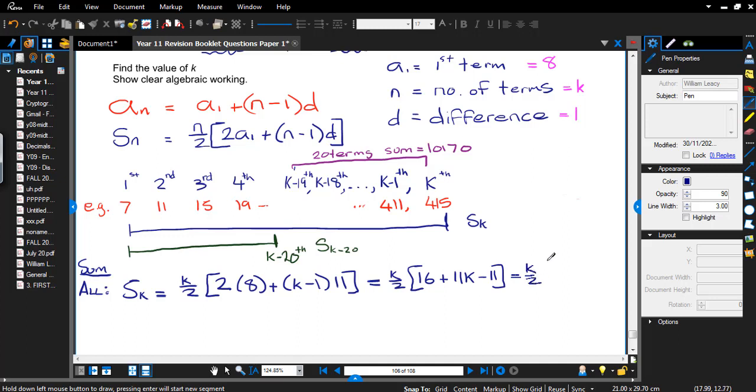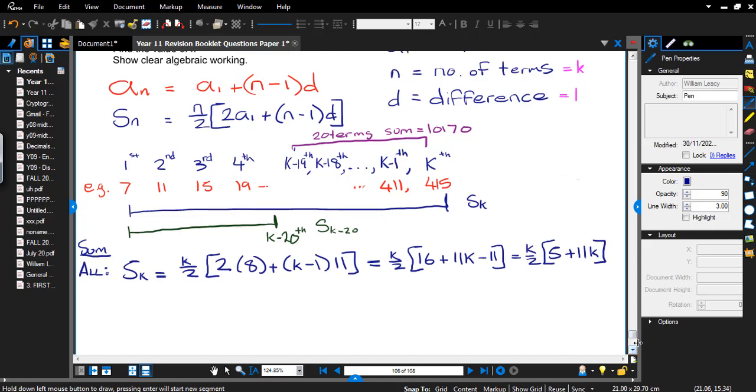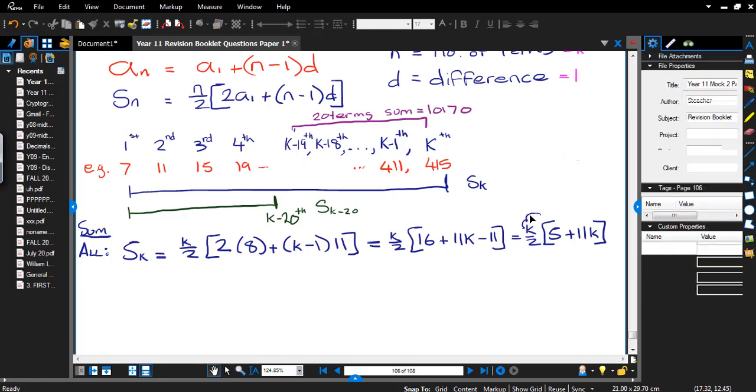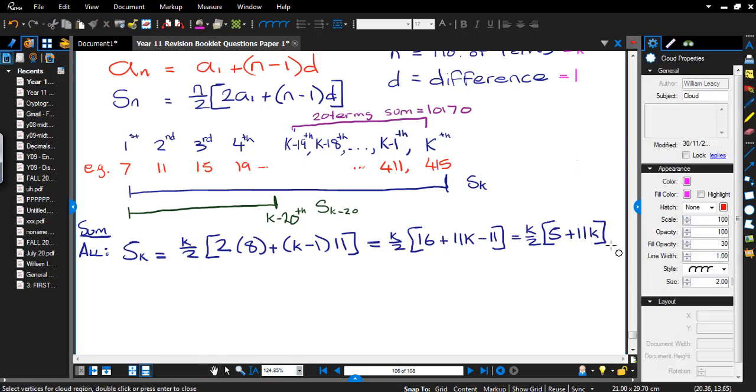So it's k over 2 times 16 minus 11 is 5 plus 11k. Alright, cool. So we'll move on. Now, that's the sum of the first k terms. We can't really do anything with that, so I'll cloud that so that we know that that's important. So that's the sum of the first k terms.